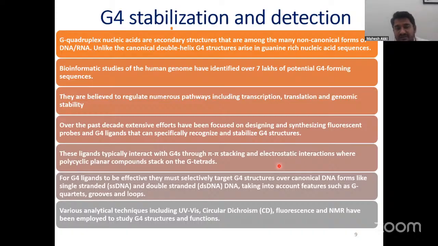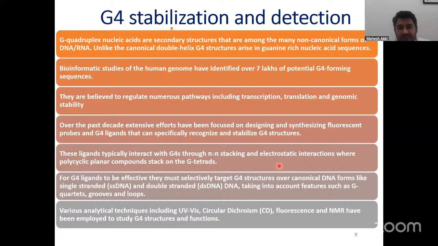Most of these fluorescent probes are small molecule ligands. These are polycyclic planar compounds that interact with the G-quadruplex sequences primarily through pi stacking on the G-quartets and through electrostatic interactions with the phosphate backbone.